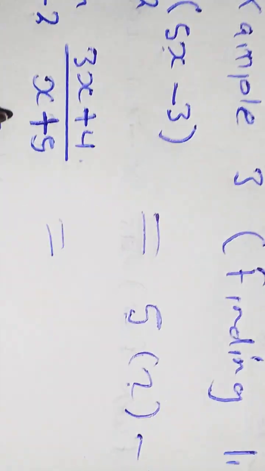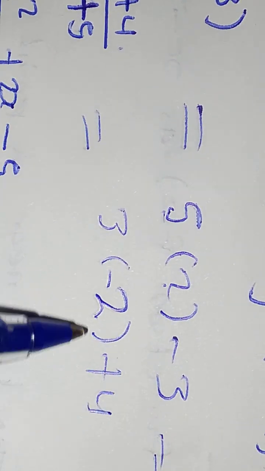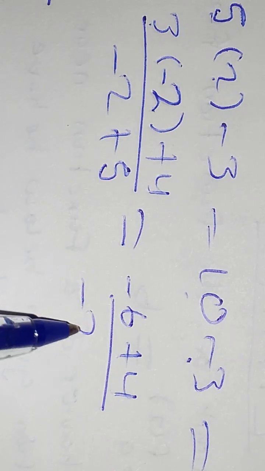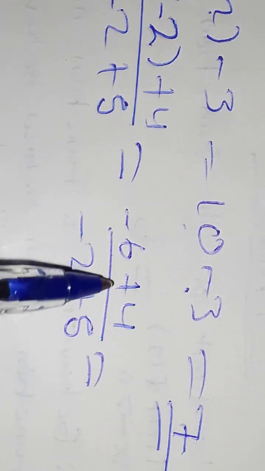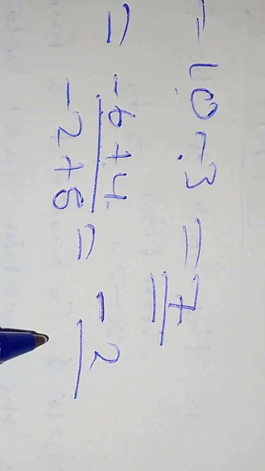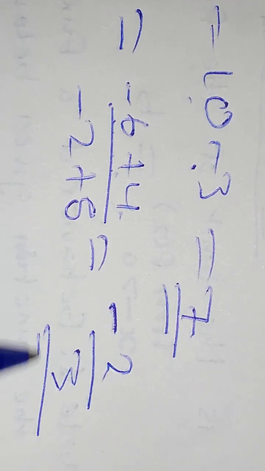Where there is x, you place negative 2, so it will be 3 times negative 2 plus 4, over negative 2 plus 5. 3 times negative 2 is negative 6, plus 4 is negative 2, over negative 2 plus 5, which is positive 3. So the answer is negative 2 over 3. As simple as that.